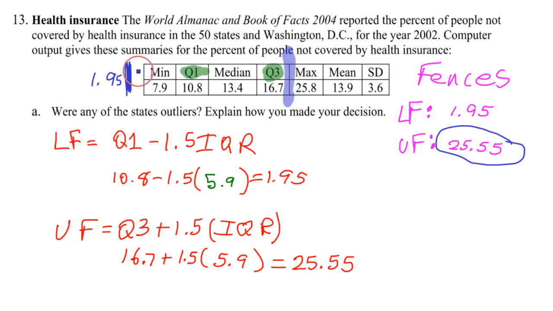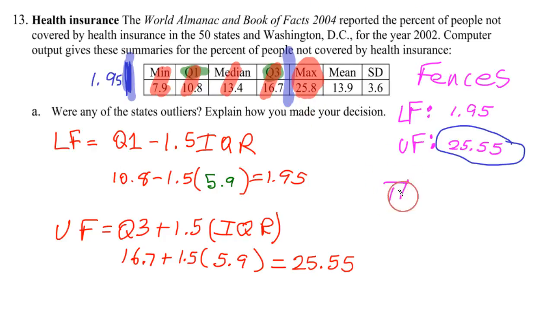So that means that as far as the 5-number summary goes, the min, Q1, Q2, and Q3 are inside the fences, but the maximum right here goes beyond this blue line, because that blue line is at 25.55, and that's smaller than the 25.8. So this maximum that we have is an outlier.